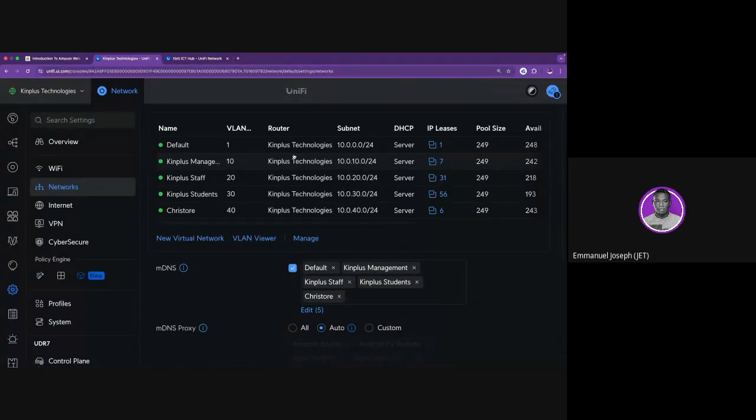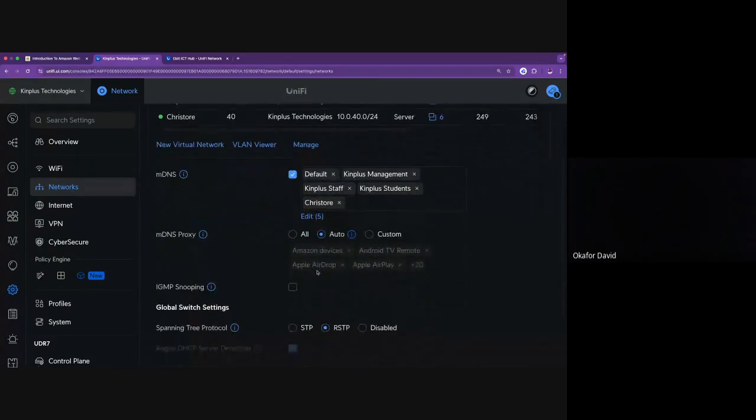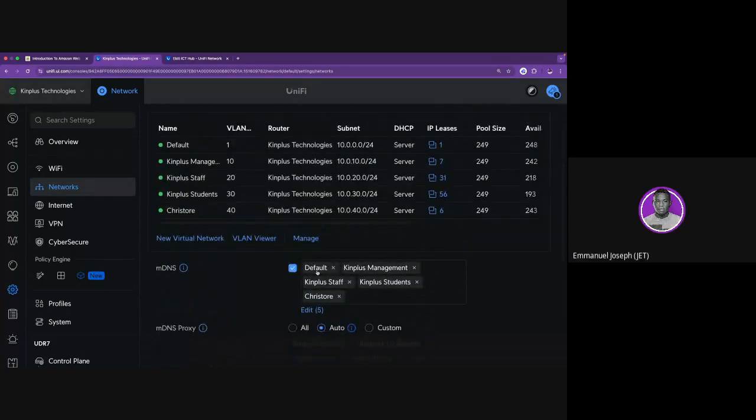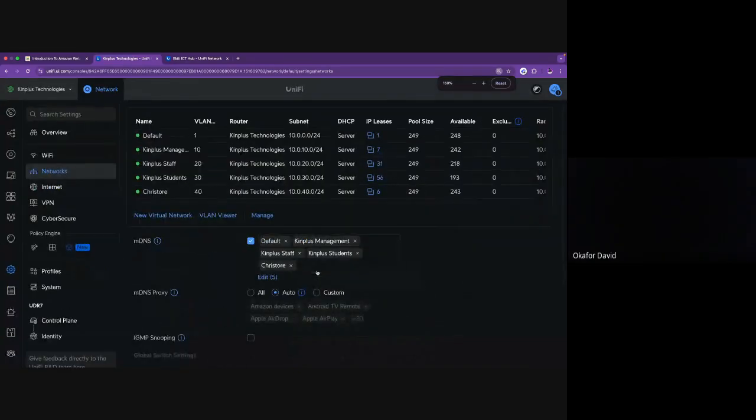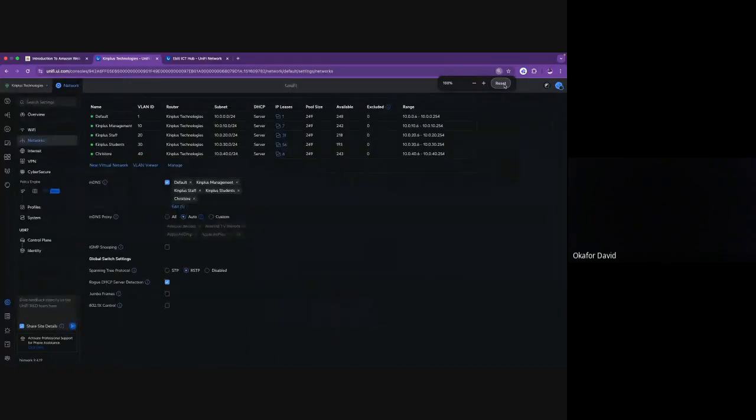Okay, David. Under the subnet, we have those IP addresses with different classes.